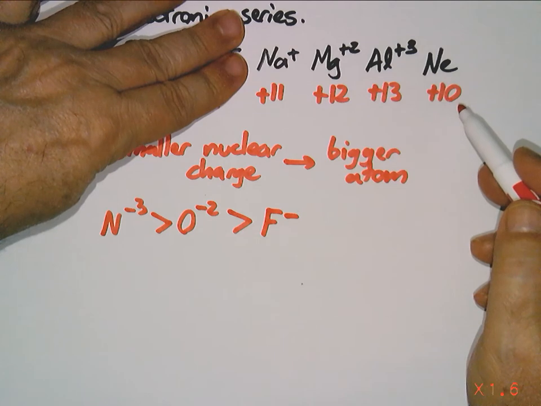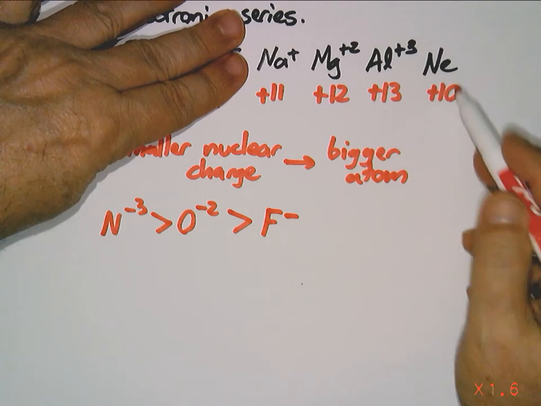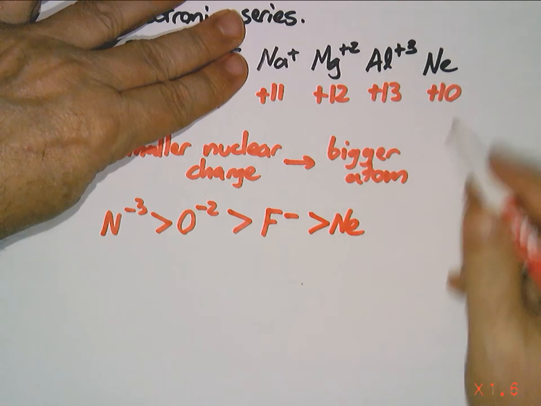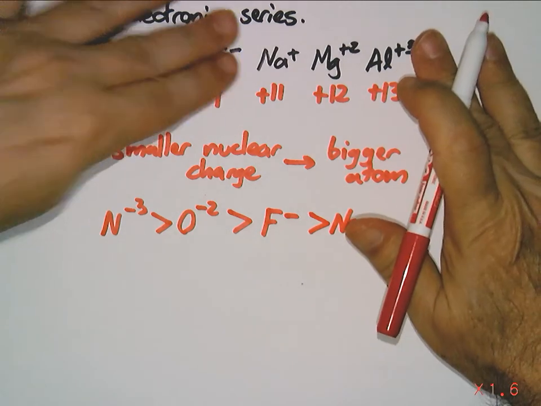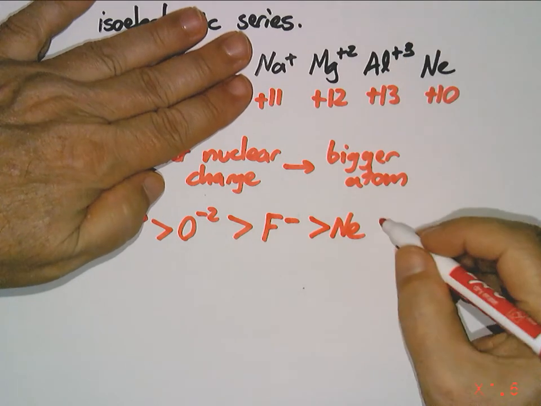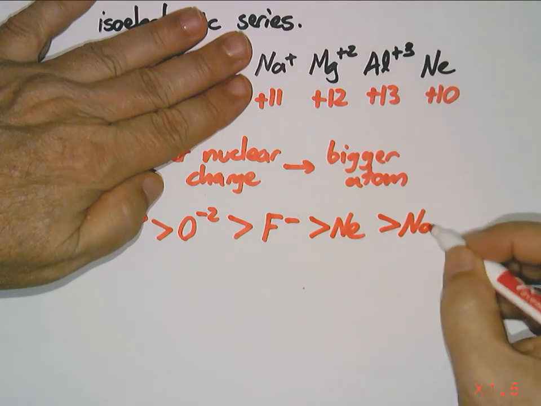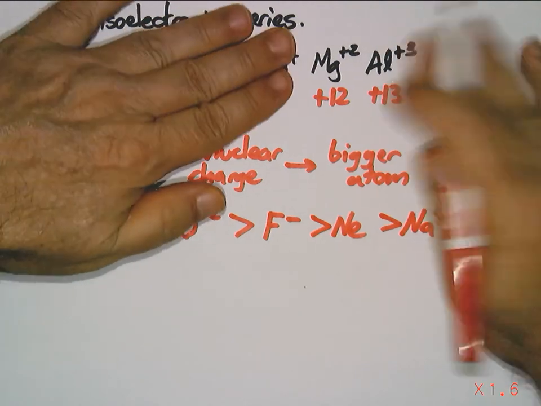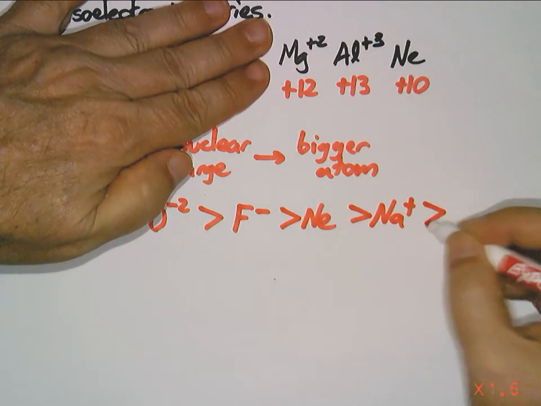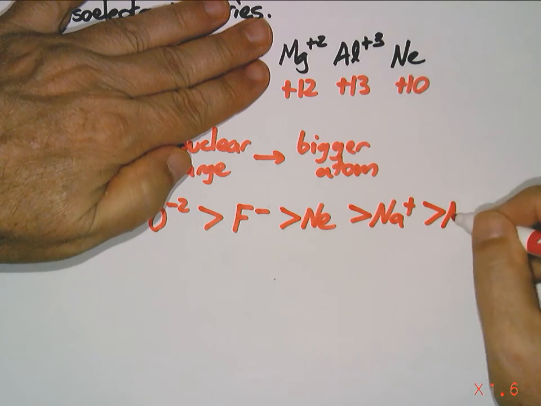What is the smallest nuclear charge out of what's left? The neon. Okay, take that out. What is the smallest nuclear charge out of what's left? Now we only have these two. What is the smallest nuclear charge out of those?